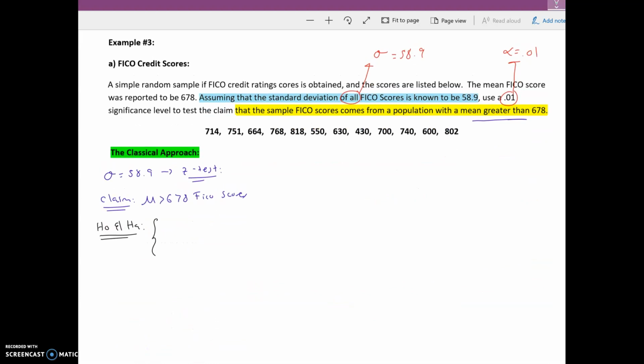So our H0, I'm just going to write it as mu is equal to 678.